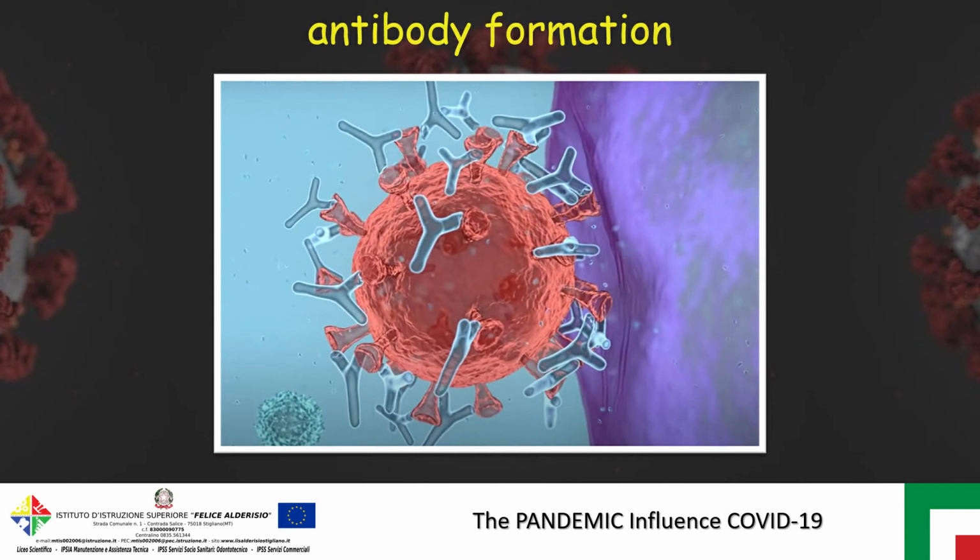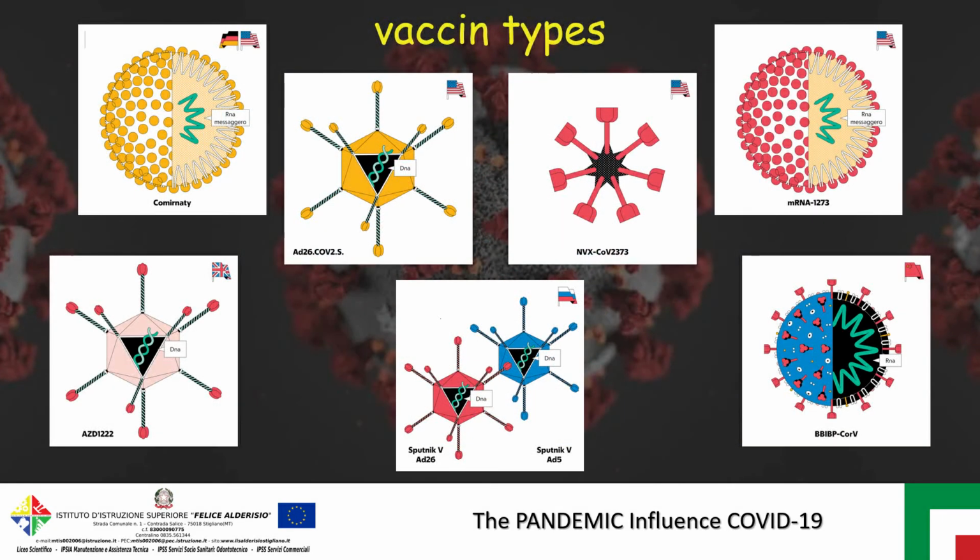Here we have a picture of an antibody. Antibodies, also called immunoglobulins, are proteins produced and secreted by B lymphocytes. They bind to foreign substances that invade the body, such as bacteria, viruses, and pollen. A vaccine is a biological preparation that provides active acquired immunity to a particular infectious disease.